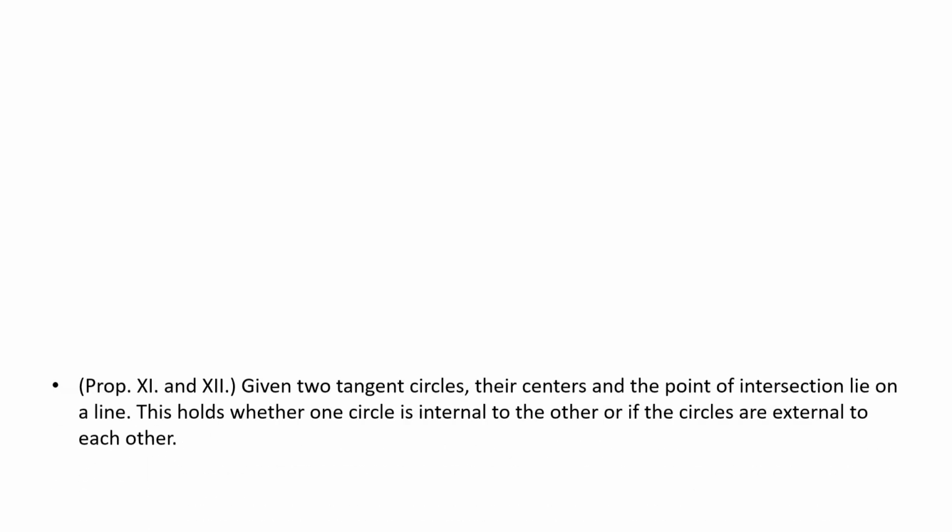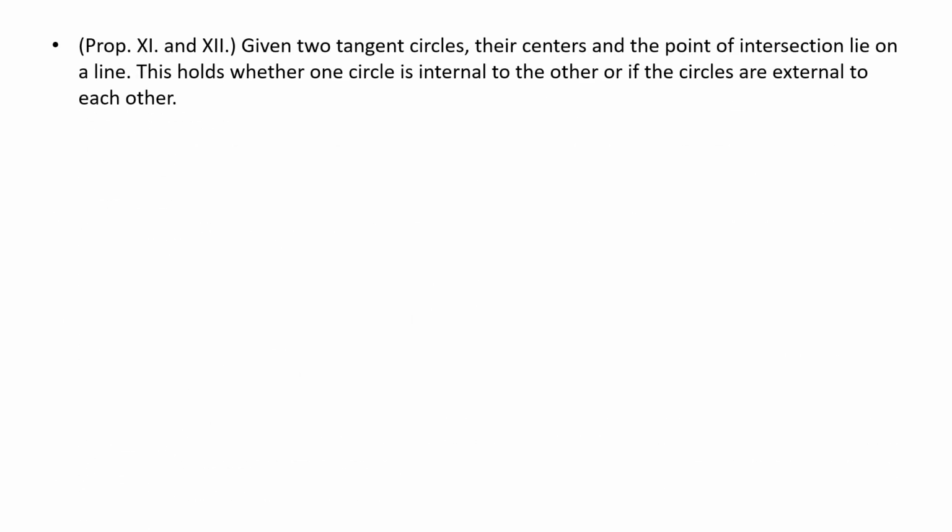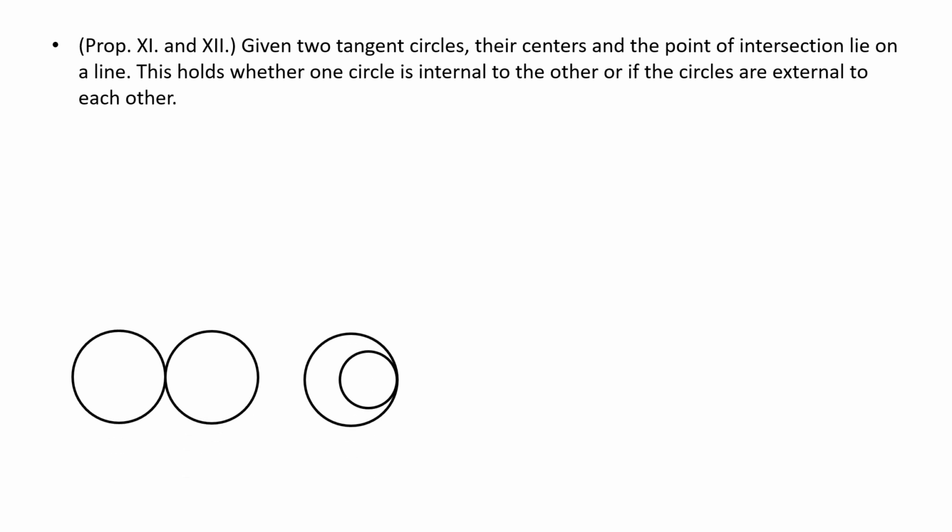We have a few more propositions that hold true for circles in hyperbolic geometry. The first one says that if we have 2 circles that are tangent, I have the 2 cases drawn down here, then the centers of the 2 circles and the point of tangency must lie on a straight line. So in here the 2 circles are external to each other, and you have the center here, this point of tangency, and then the other center.